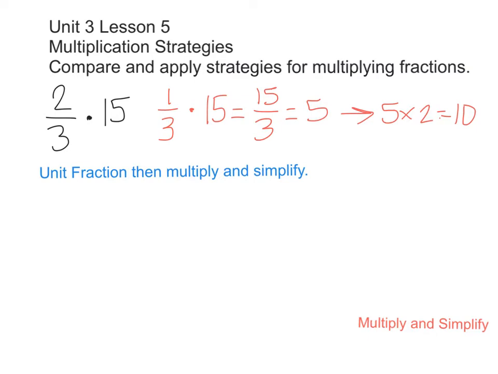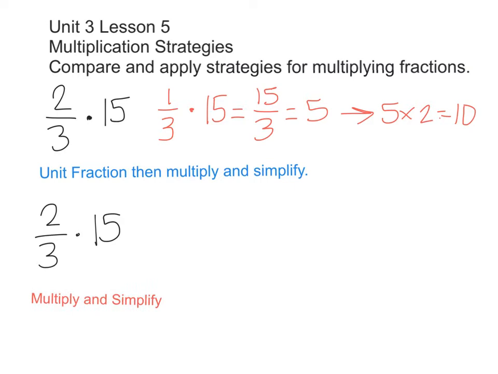Well, another way that we can do this, 2/3 times 15, is we can just go straight to multiplying and simplifying.